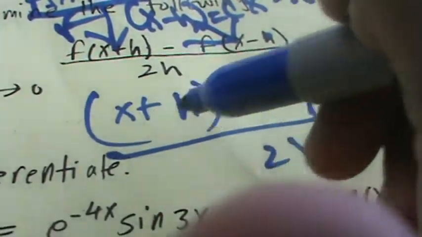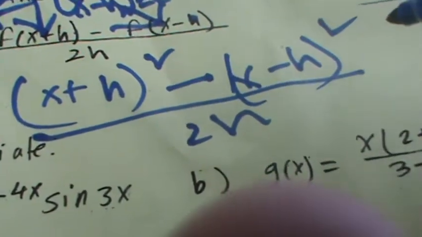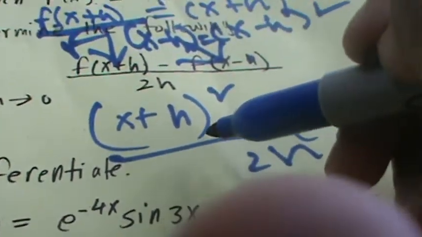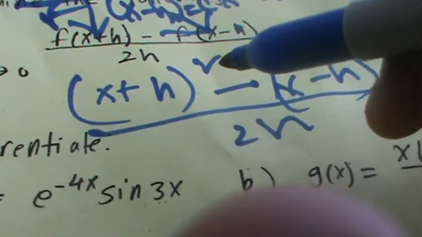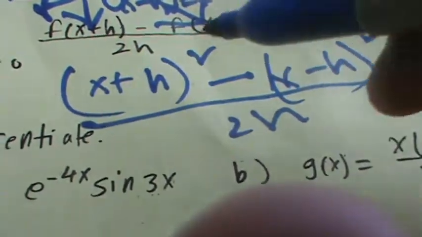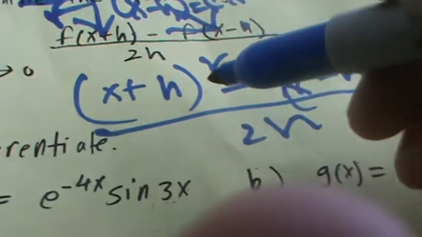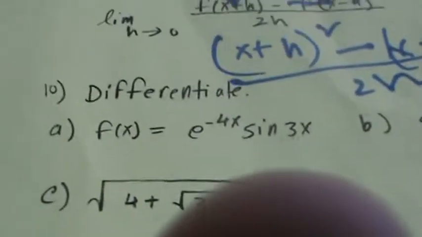Make sure you know how to expand it. Either FOIL x plus h times x plus h, x minus h times x minus h, or use the formula I showed you, a squared plus 2ab plus b squared. That special formula, how you multiply the inside and double it, and then you square the first and square the last. Or do the FOIL, take the long way.